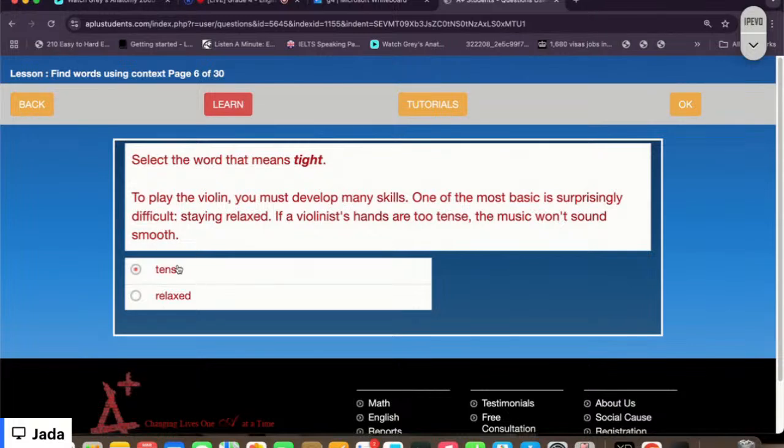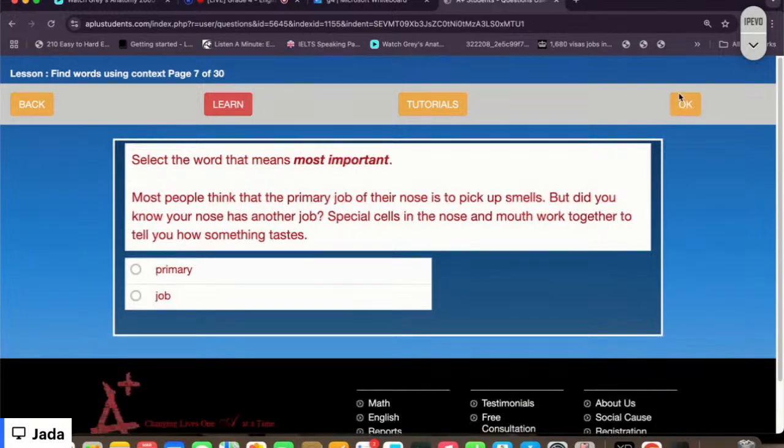So we have tense, okay? All right, so most important, most people think that the primary job of their nose is to pick up smells, but did you know your nose has another job?